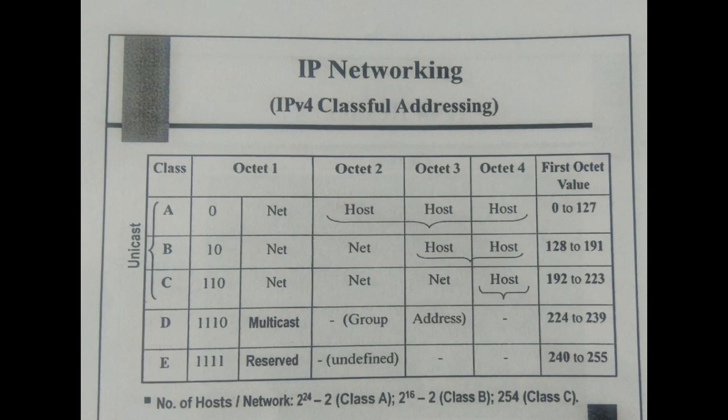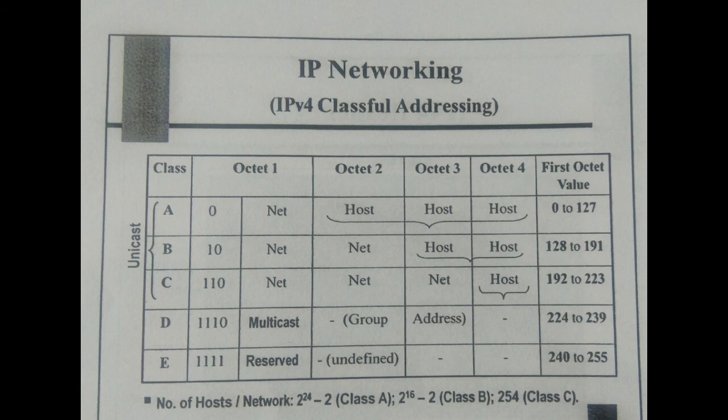The classification of addressing works in such a way that each address is divided into 4 octets, as we already discussed. In class A, octet 1 is the network ID and the rest of the 3 octets are for the host ID. The first octet value is always from 0 to 127.